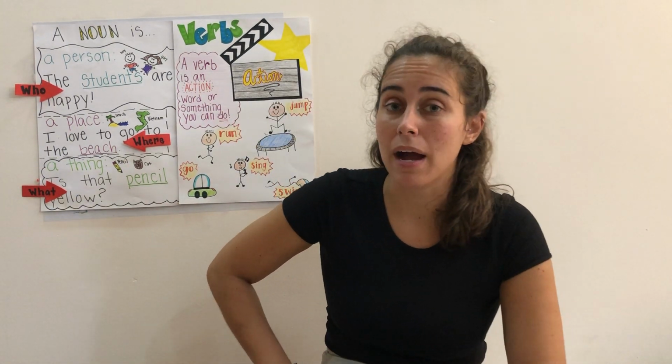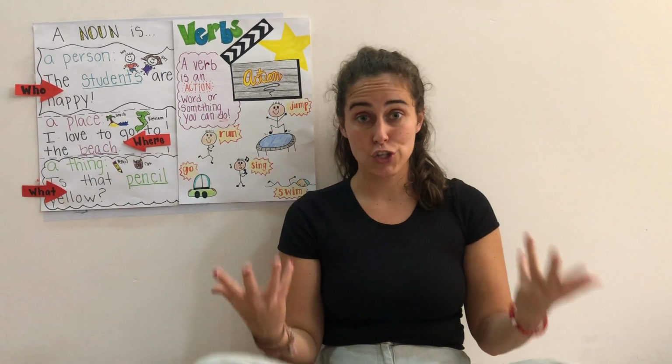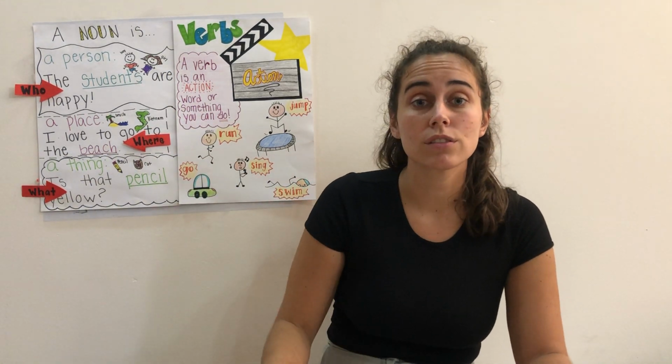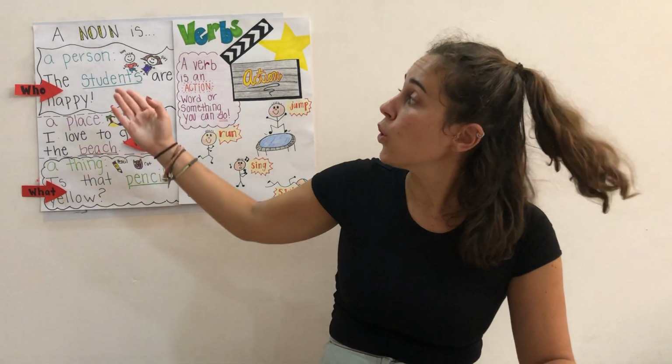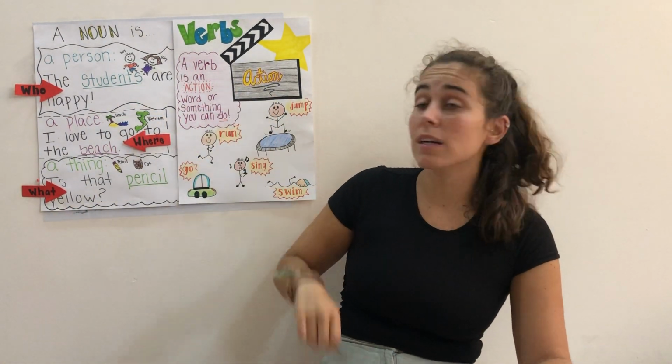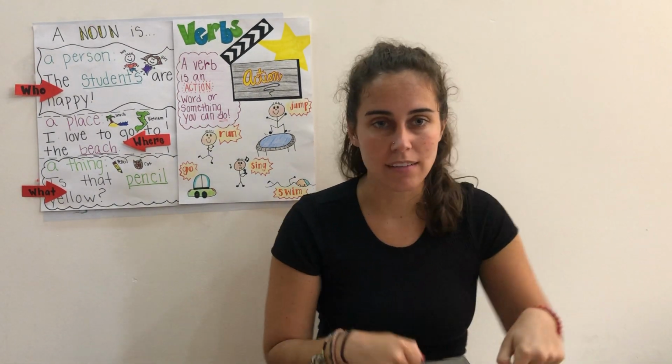And as we talked about when we learned verbs, all of our pages in our story and all of our sentences should talk about a noun, the character, and the verb. Who is doing what? Because a verb is an action word, right?